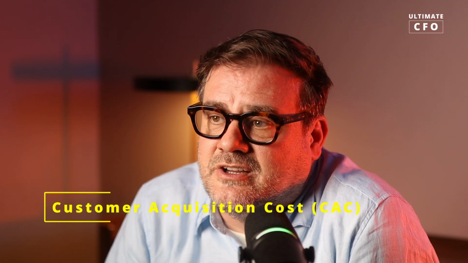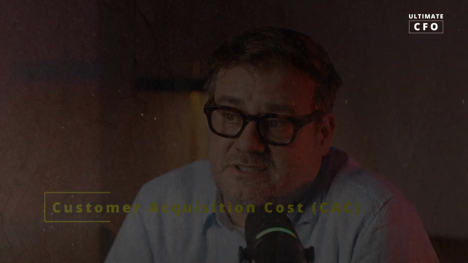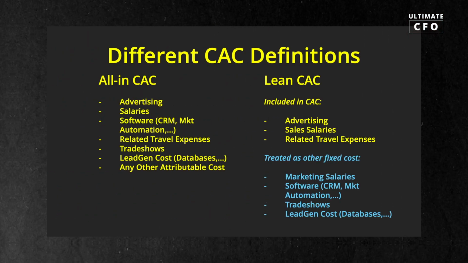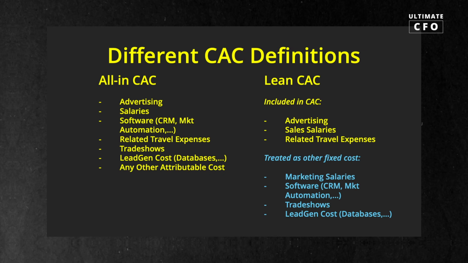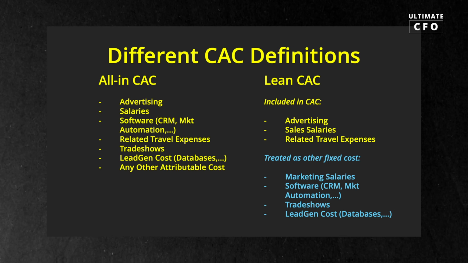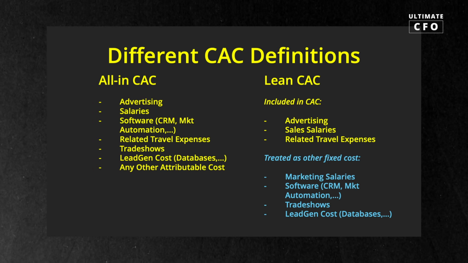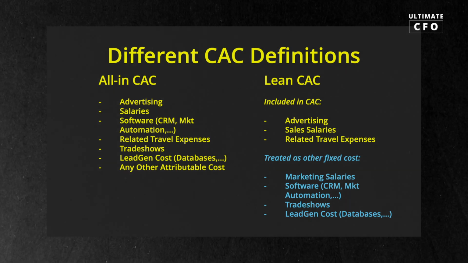If you decide to use a leaner definition of CAC, so for example, just digital spend for leads, and treat the marketing teams, the CRM platforms, etc., as fixed cost, that's fine as well. Both approaches work for me. It all depends a little bit on your acquisition channels, your business model, and what gives you the better metric.